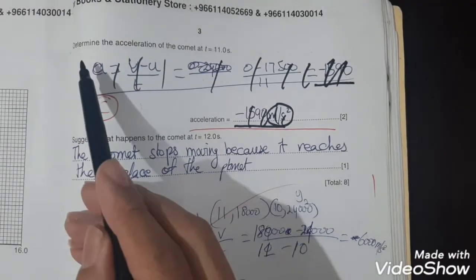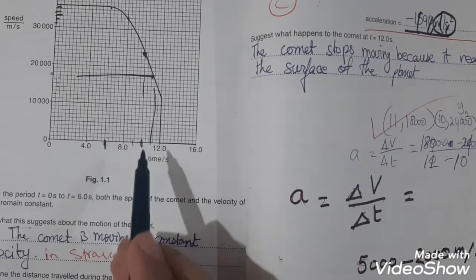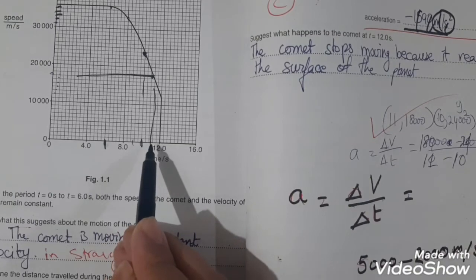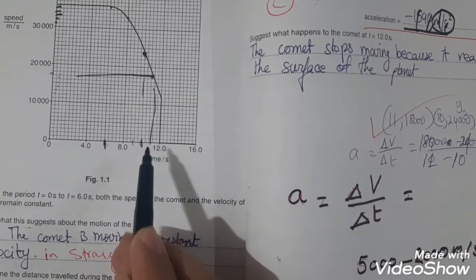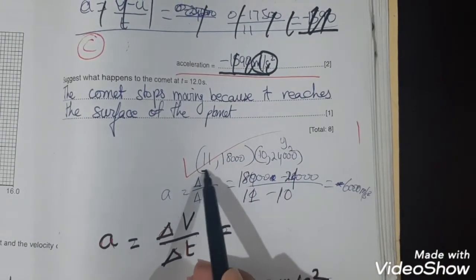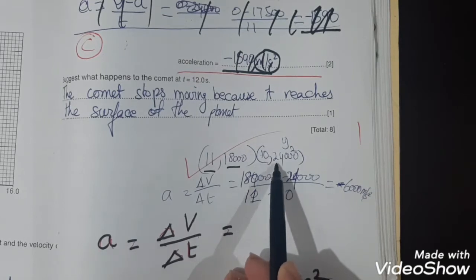Question C states determine the acceleration of the comet at t = 11 seconds. So we will take the time and speed at 10 seconds and the time and speed at 11 seconds. So in this equation we will first use 11 seconds, where the speed is 18,000, and at 10 seconds it is 24,000.